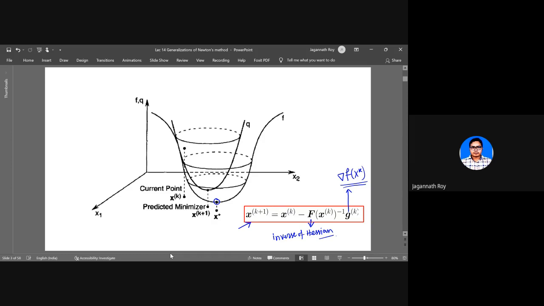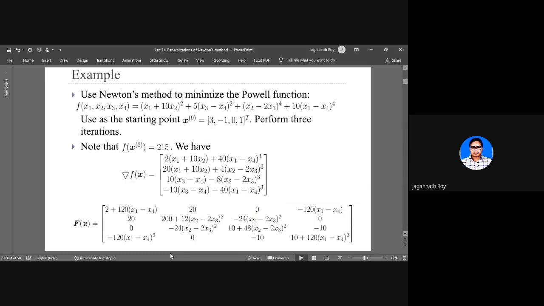So with this formula, we have seen that for a quadratic function, if the degree is 2, then Newton's method converges within one iteration. Okay, but if the degree is not 2, here we have x to the power 4, so it is not quadratic, it is a non-quadratic function.